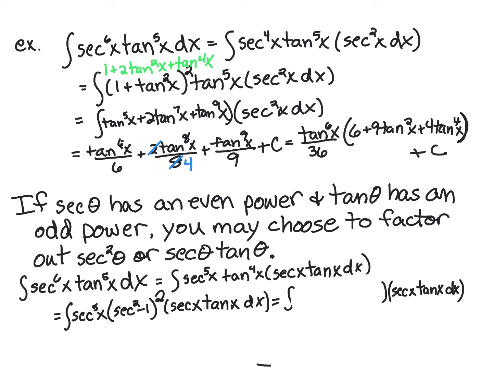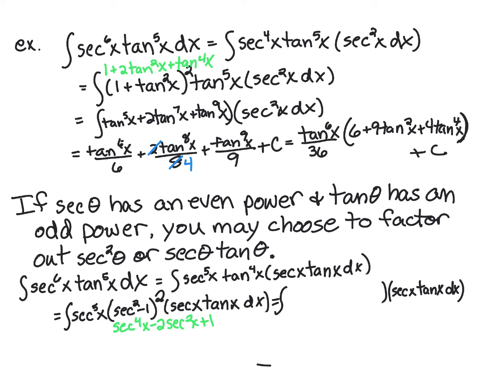Let me make a little note here. This will be secant to the fourth minus 2 secant squared plus 1. And we're going to distribute secant to the fifth through there. I'm going to run out of room here. Hold the phone. Messed a lot of stuff up, so we're fixing this.